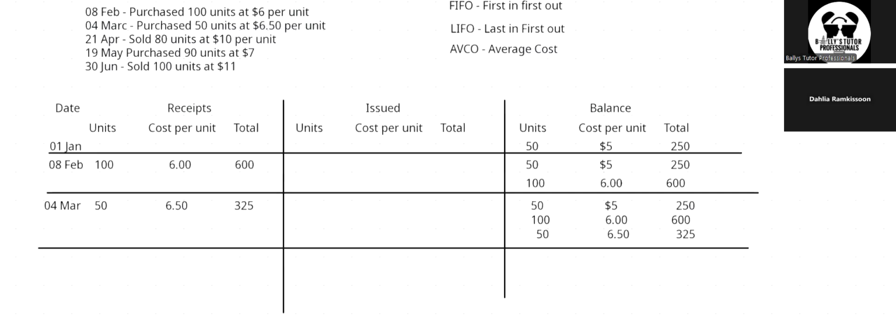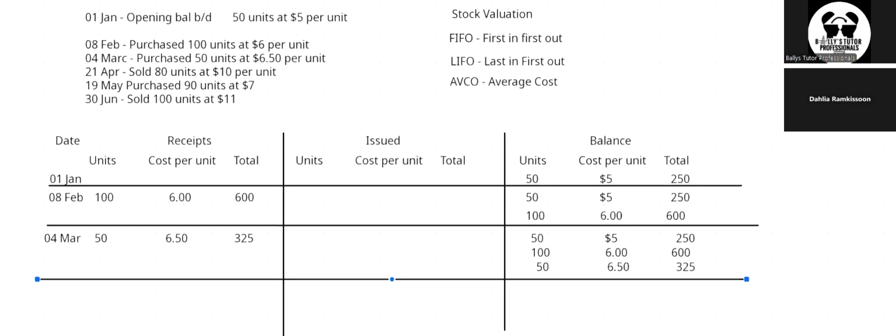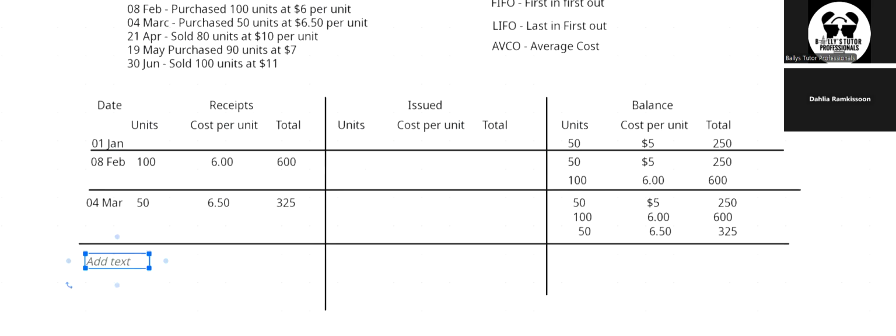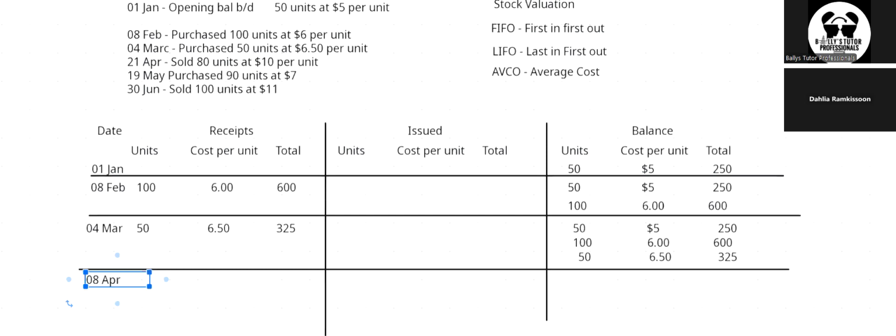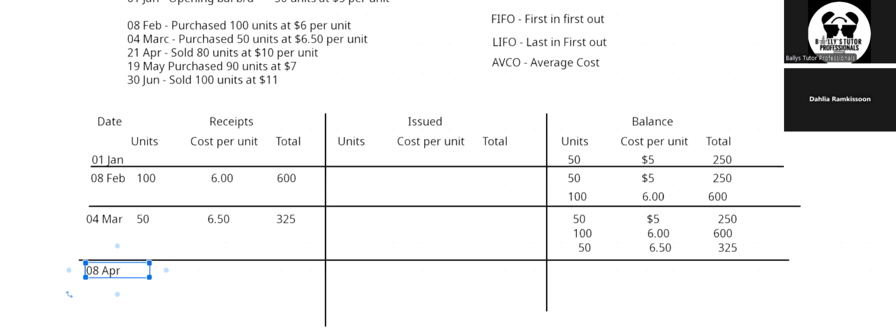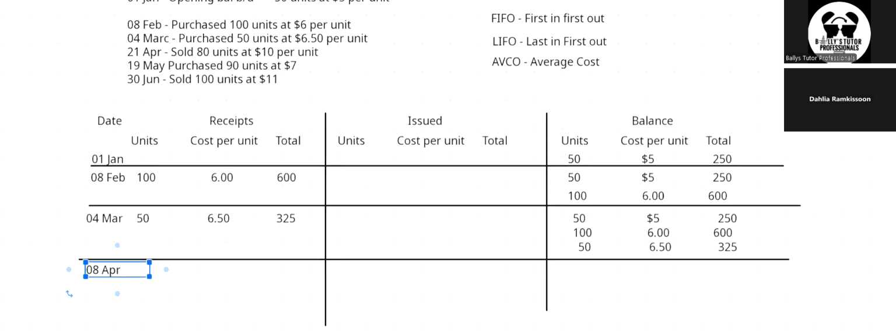So on the 8th of April, when I sold those goods, if I'm using FIFO, first in, first out, it means the first set of goods that I bought is the first set of goods I'm going to sell. What's the first set of goods I bought, or the first set of goods I had, based on what I have here? 50 units at $5 each.